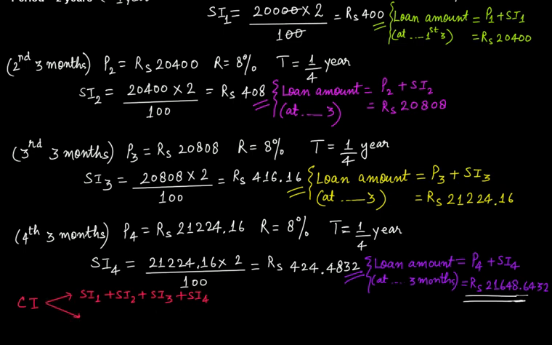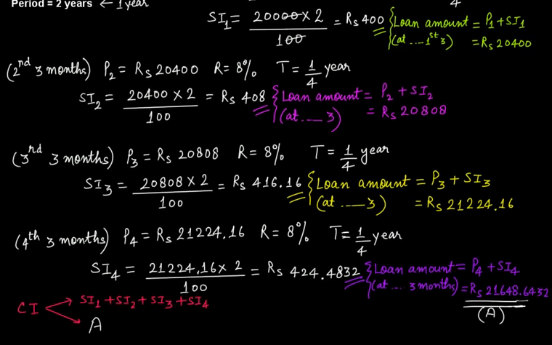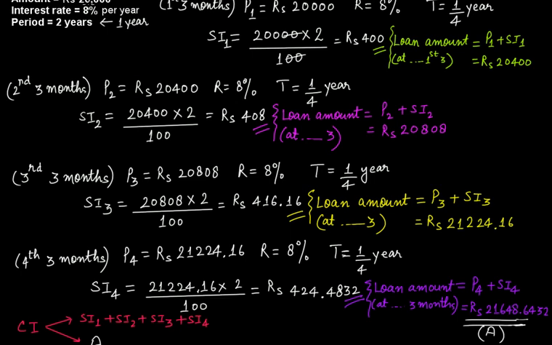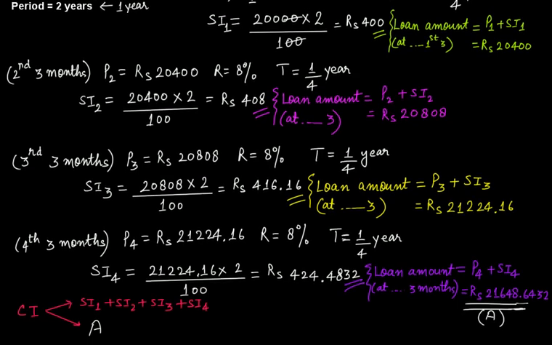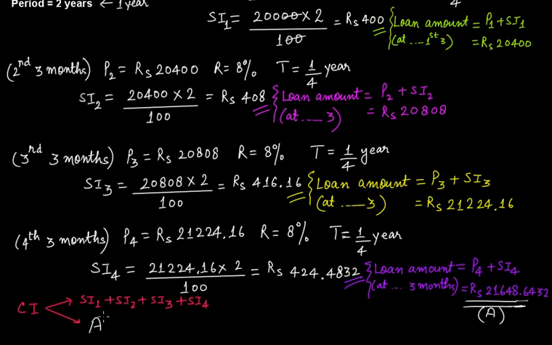Let's say that this is the amount A that you have to pay back to the bank, the final amount. Since this amount includes the principal which we started with, that is 20,000, and it also includes all the interests, A minus P, the final amount minus the initial amount we started with, will give you the compound interest. Okay, you'll get the same answer from these two methods. It's up to you which one you want to use. I'll leave this calculation for you.